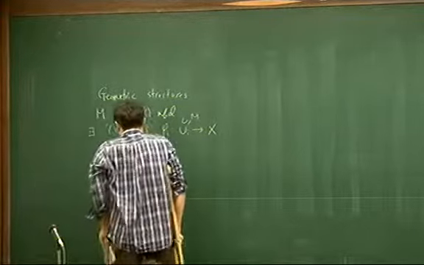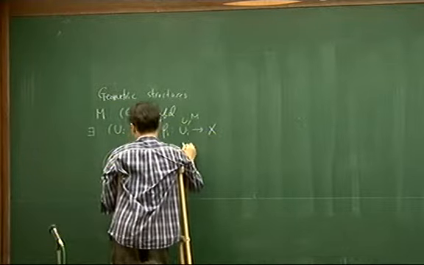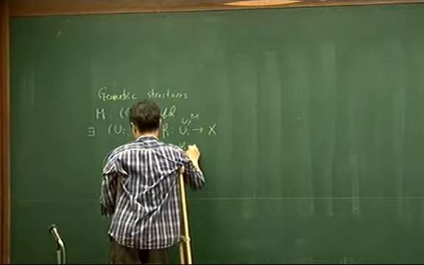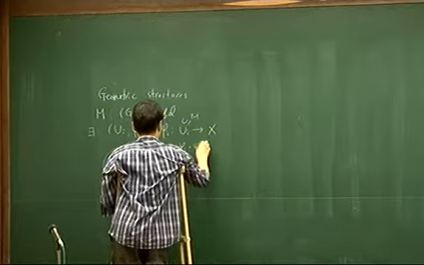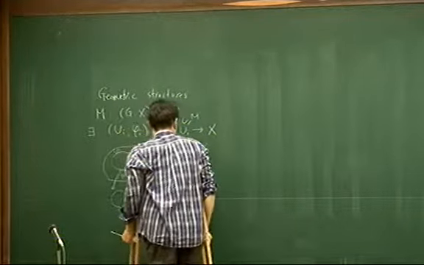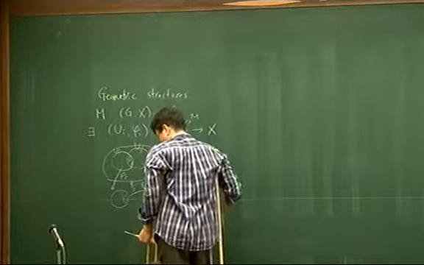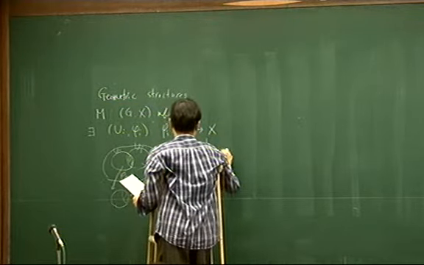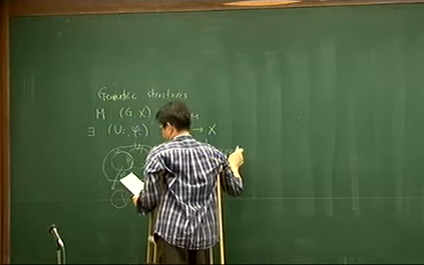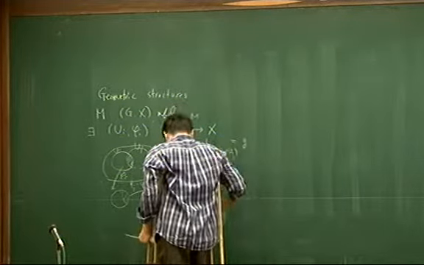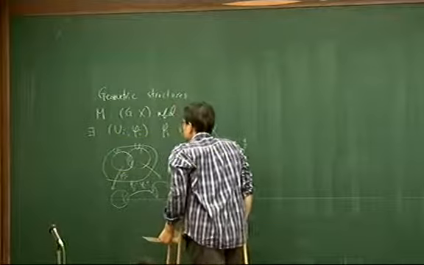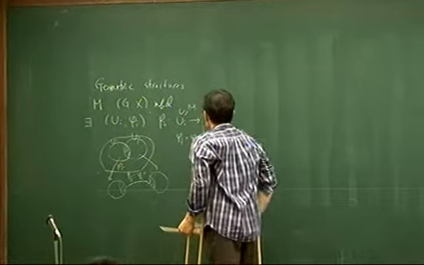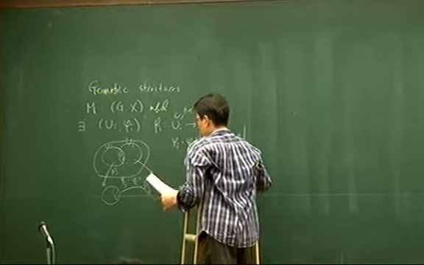This is a restriction of phi_j composed with phi_i inverse, restricted to this, is a restriction of some element in G. Okay, so you restrict this thing.